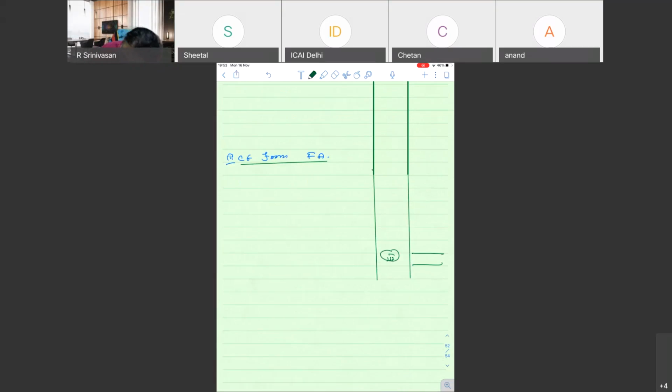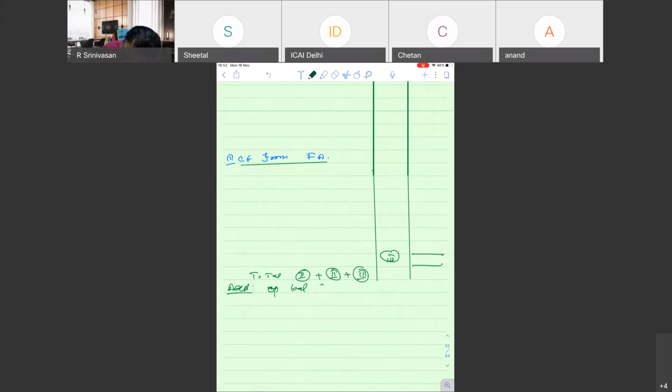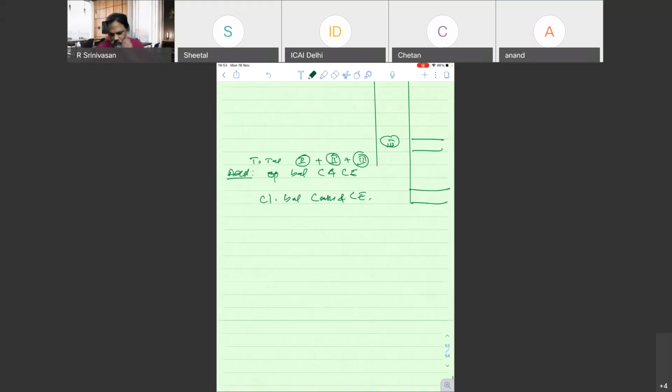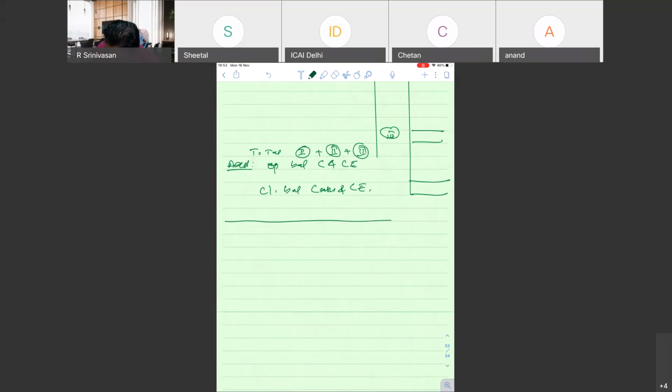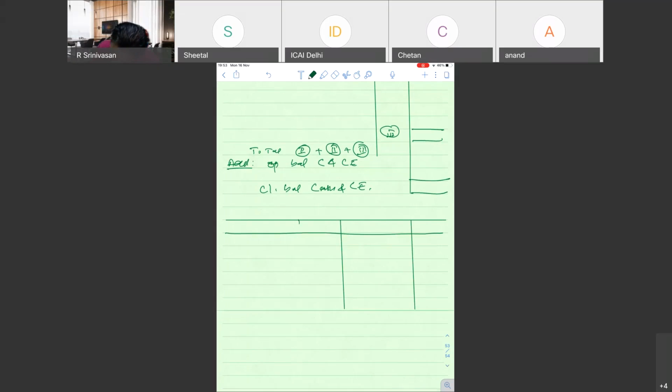You derive 3. Total 1 plus 2 plus 3. Add the opening balance of cash and cash equivalents. So we get the closing balance of cash and cash equivalents. And open 2-3 accounts and keep them ready so that in case you need the information, we can open the accounts.